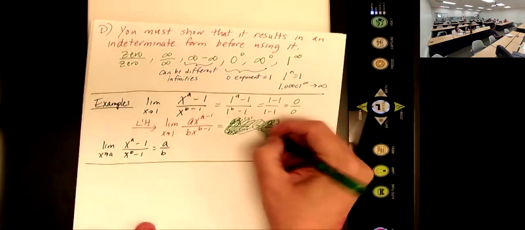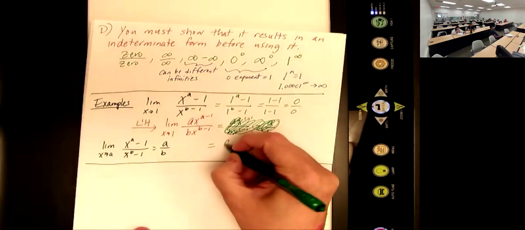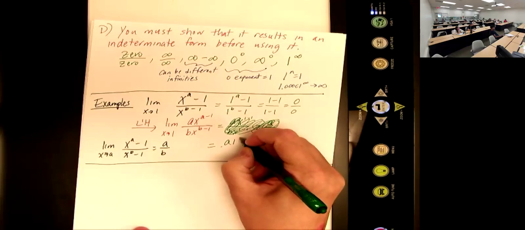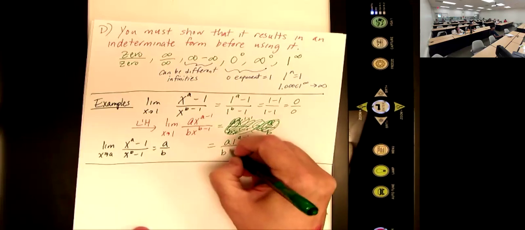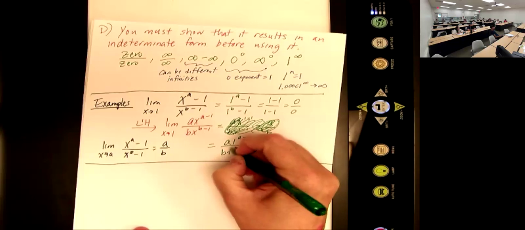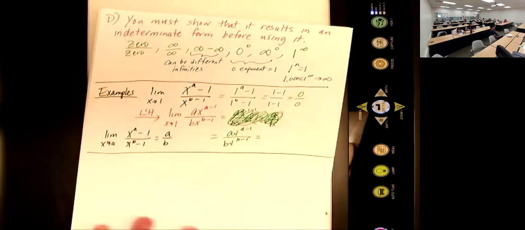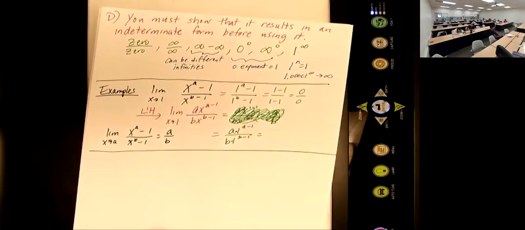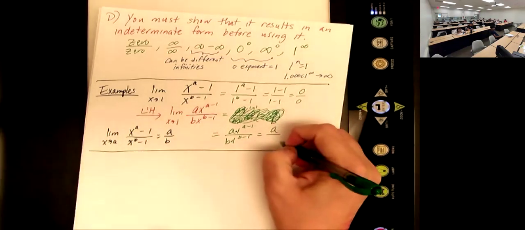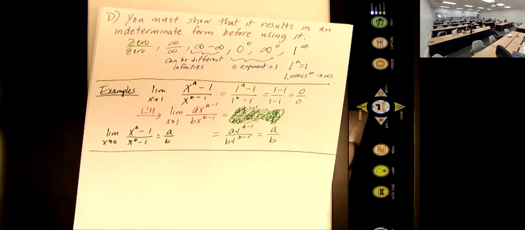I totally did the wrong thing there. 1 to the a minus 1 over 1 to the b minus 1, thank you. I plugged in the wrong thing. But still, 1 to any power is 1, and that's the same for top and bottom.